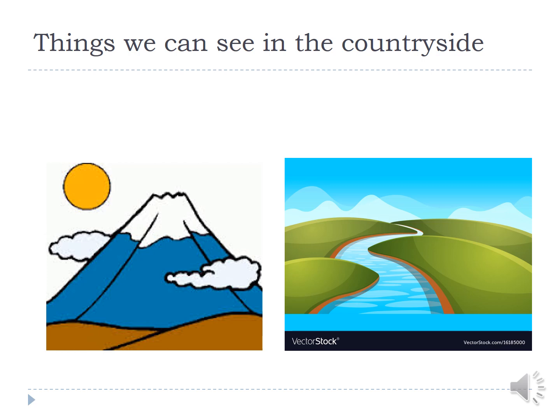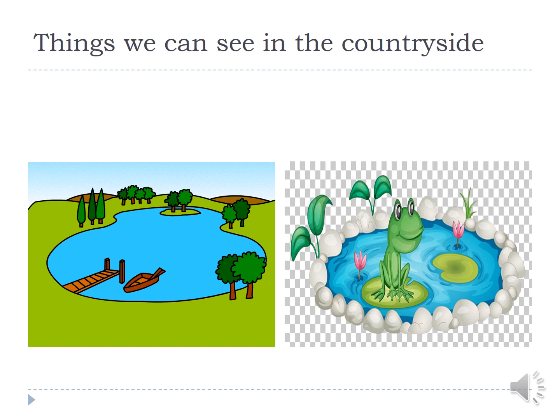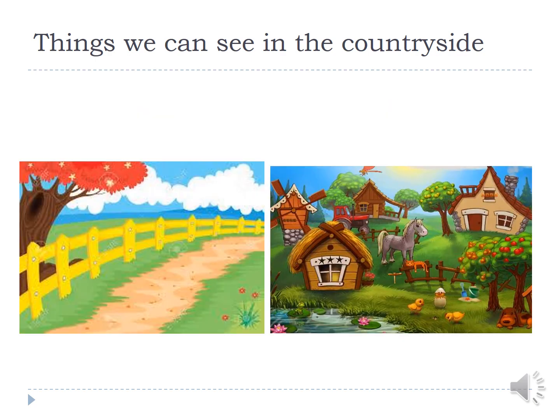This one is mountain. And then, it's a river. We can also find lake and pond. It is path, while this is village.